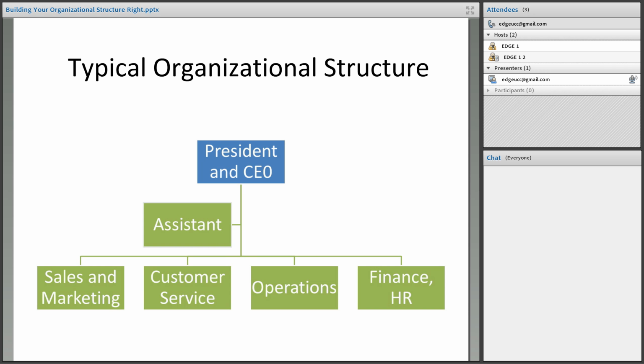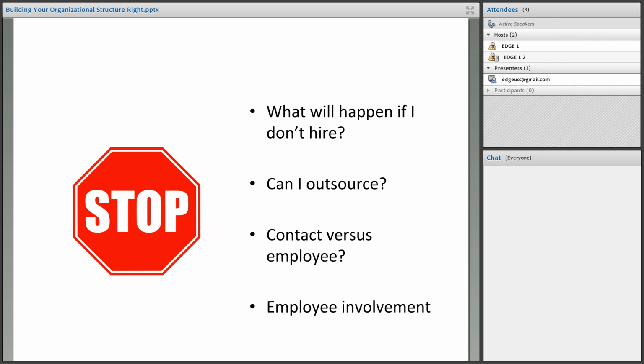And then I'm going to figure out where it is that they fit into my organizational structure. So I may be building out my customer service piece first, or I might be building out my ops first, or maybe I'm building out my sales and marketing first. And by going back into a typical organizational structure, we can then take this role that we're defining we need and make sure we put it in the right area of the business where it belongs.